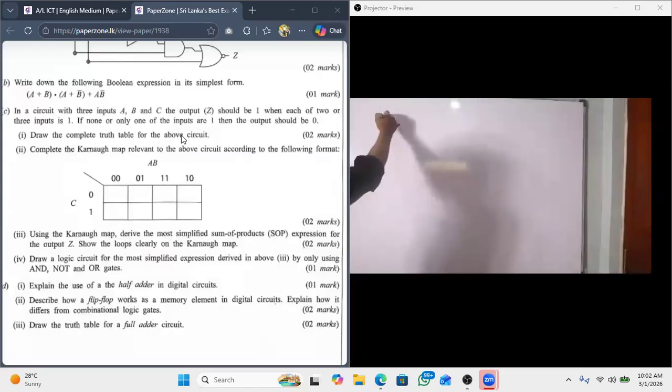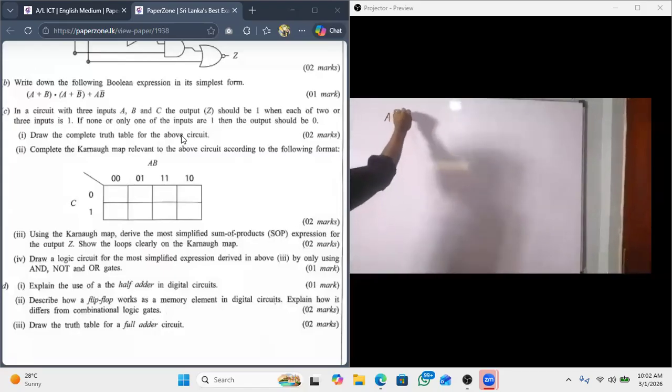We have the question. In a circuit with 3 inputs A, B, C, the output Z should be 1 when... let's draw the 3 inputs A, B, C first.